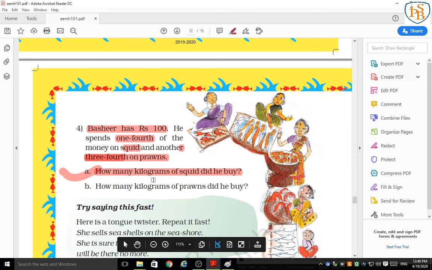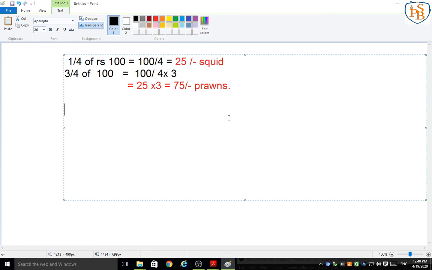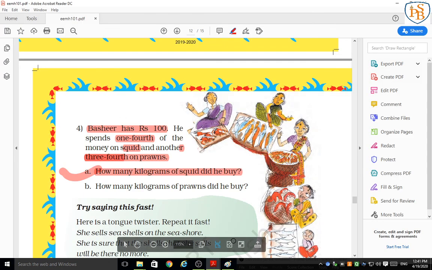And now what is the question? How many kilograms of squid did he buy? For squid, 50 rupees per kg. Now he spent 25 rupees, means how much? Yes, half only. Correct, students? If the cost of 1 kilogram of squid is 50, and now he spent 25 rupees, it means only half. So the answer is half kg.